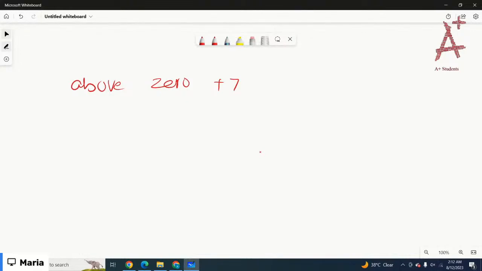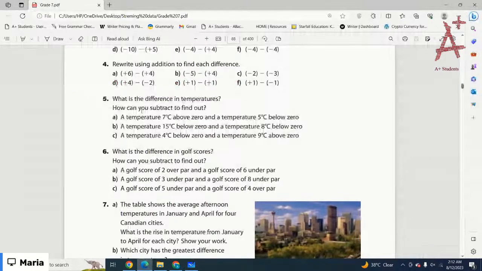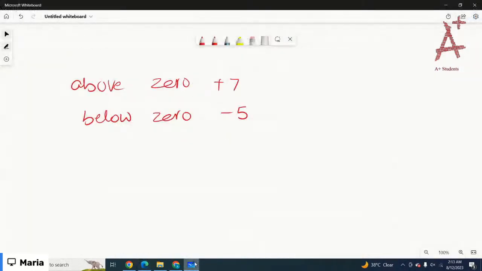And the second one is a temperature 5 degrees C below 0. That would be represented by a negative 5, right? So you have to calculate the difference in temperature, right? So it would be positive 7 minus negative 5, right? This way you can write.